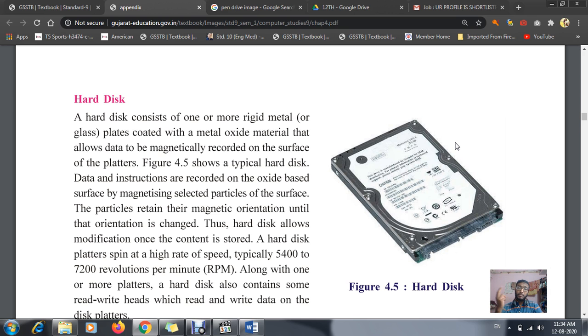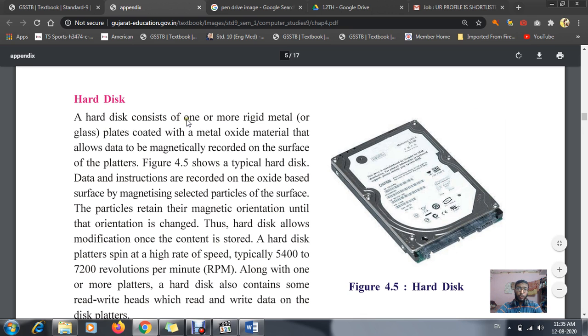How many revolutions are done is calculated in our hard disk. Underline it: it is rigid metal plates coated with metal oxide material. We use this metal oxide just to prevent rust.